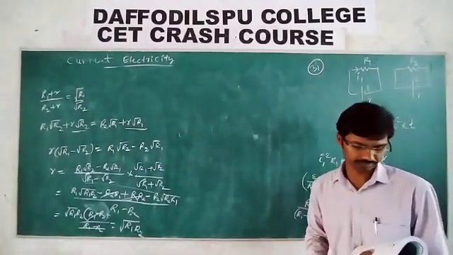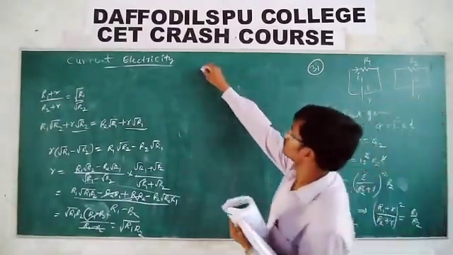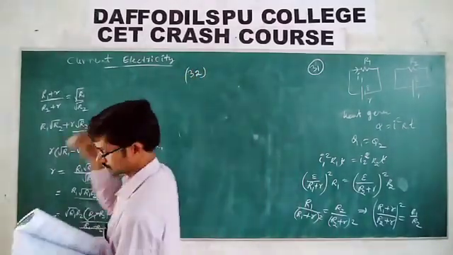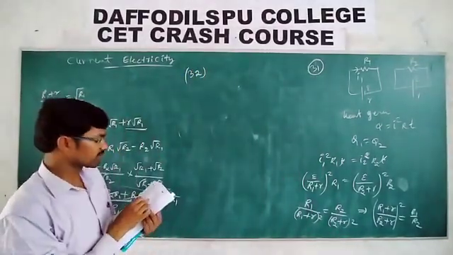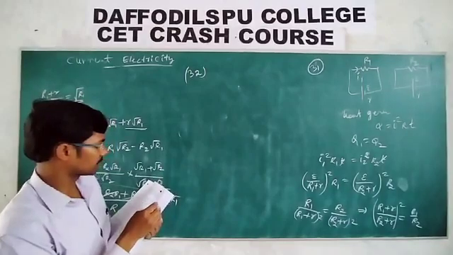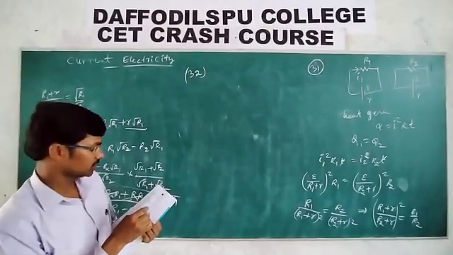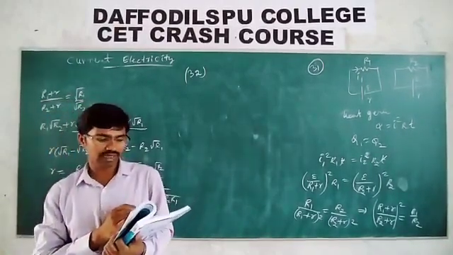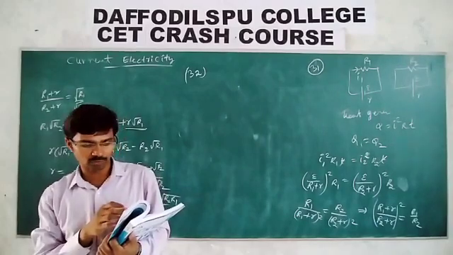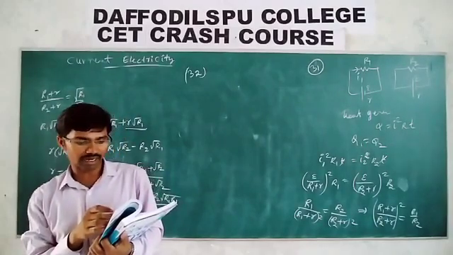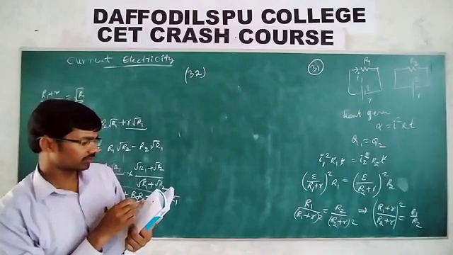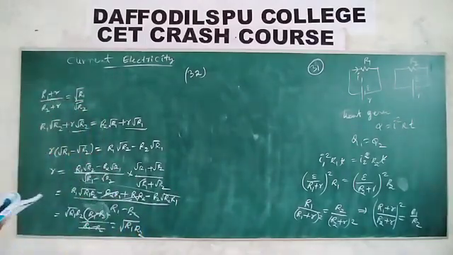Similar to question 32. Two bulbs of 500 watt and 200 watt are manufactured to operate at a 220 volt line. The ratio of heat produced in the 500 watt and 200 watt bulbs, in two cases, firstly when they are connected in parallel and secondly when connected in series, will be.